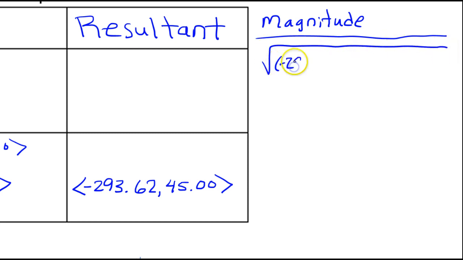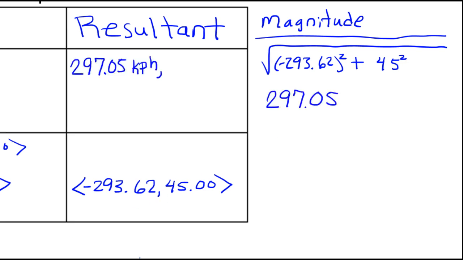So I will do negative 293.62 squared plus 45 squared, and I'll take the square root of all of that. Calculator. I got 297.05.